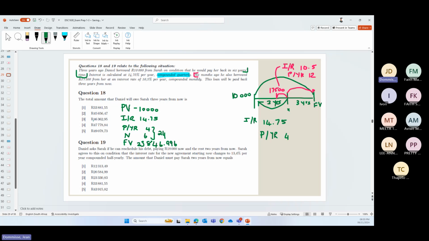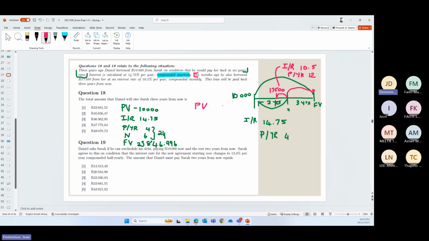None of our answers is that, because we still have a pink part that we also need to add to that. So for the pink part, we've got a present value of 17,500. So we're doing exactly the same. We just need to use slightly different information. The interest rate has changed now to 10.5%.